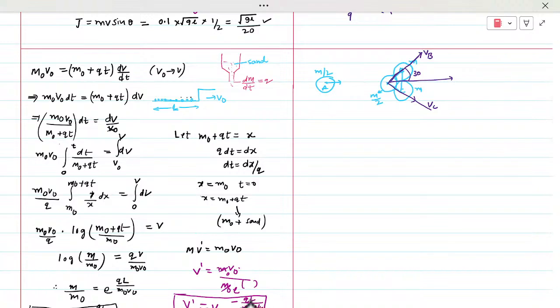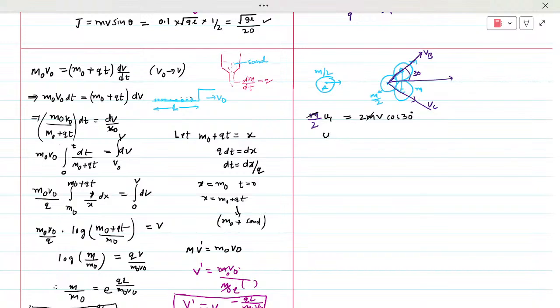Therefore, m by 2 into initial velocity u1 is equal to, these two are moving with the same velocity. I will consider the velocity acquired by each sphere B and C as the same velocity V. Then that is equal to 2m into V cos 30. You understand, right? 2m into V cos 30. So m gets cancelled. Then the velocity u1, if u1 is given you will substitute the V value, otherwise I am finding u1 in terms of V, right?